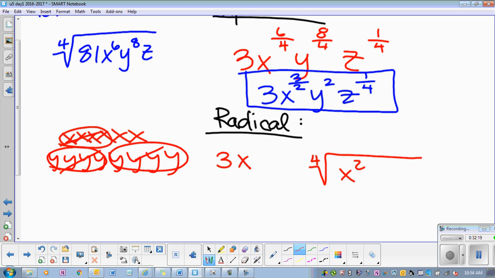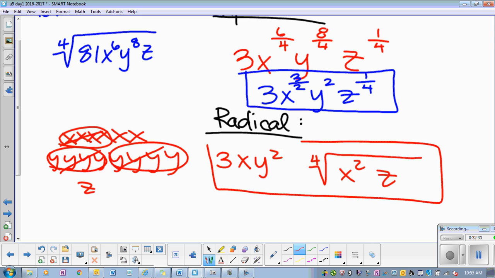I have 2 groups of 4s, so y squared. And then let's see, z. I only have the one z. I can't make a group of 4, so that has to just go inside. And so here's my radical form. Okay? Any questions about this?